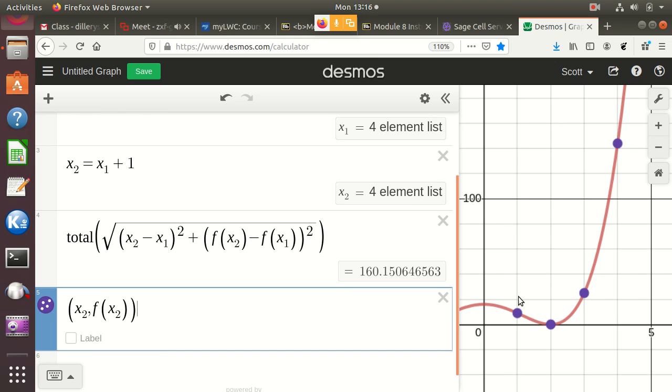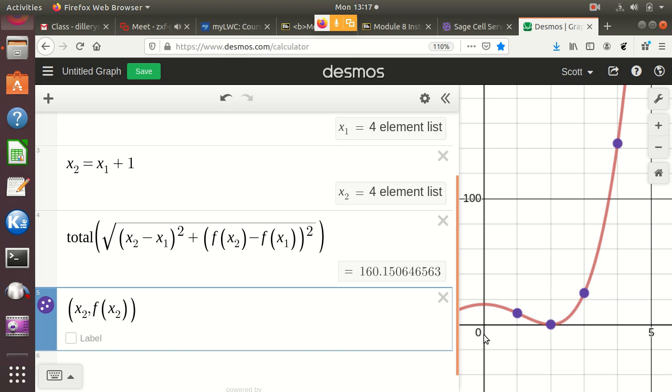And notice, there are 4 of the endpoints, but I don't have the one at 0. So these are some nice ways. This list is a nice way to automate things to get it done a lot faster.